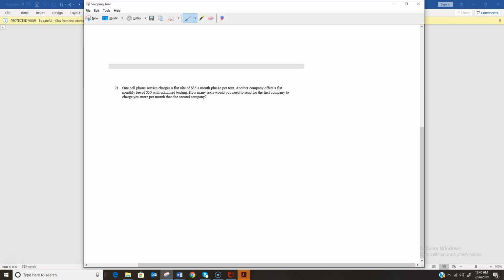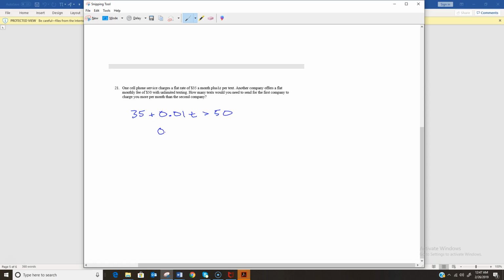So we want to know when $35 a month plus 1 cent per text is going to be greater than, we'll just say greater than because it says more expensive, not more expensive or as expensive, the flat fee of $50.